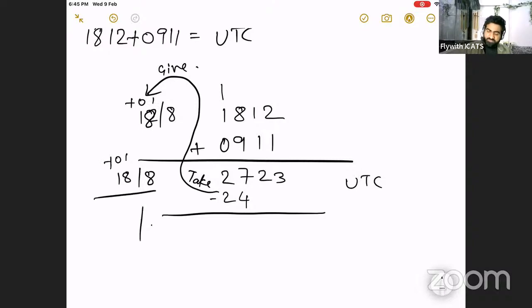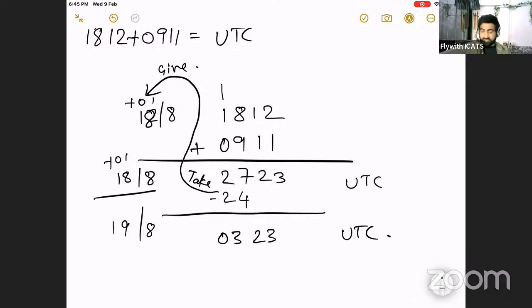August remains August. 19th August becomes your date. And what about this? 27 minus 24? 0323 UTC.